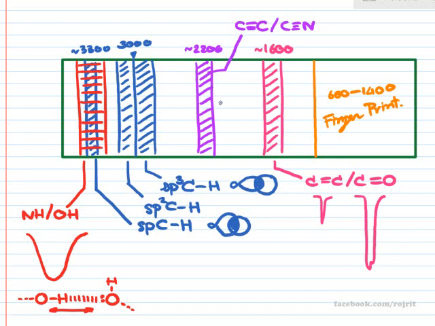Okay, for C triple bond N, and then for C single bond H, from the alkane and alkyne. The C single bond H of the alkane is an sp3 carbon, so this chemical bond is weaker than the sp carbon of the alkyne. Because the CH here is stronger, you have a higher frequency of vibration appearing on the left-hand side. So we normally use 3000 as the indicator.